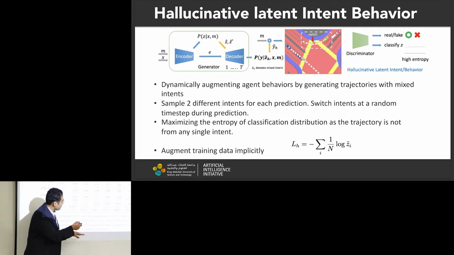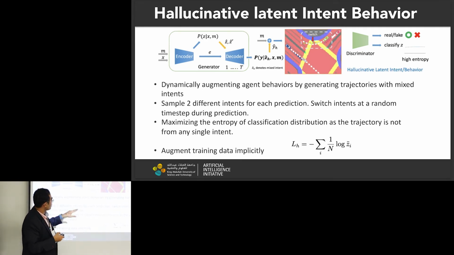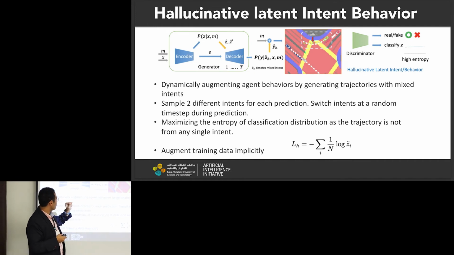The other loss function is called the hallucinative intent. What we did is that this model is autoregressive, so you can set the driving intent at every time step. And instead of having this fixed for all the future, for every next XY coordinate, so you want intent number 1, we feed them, the typical practice is to feed them in all different steps.